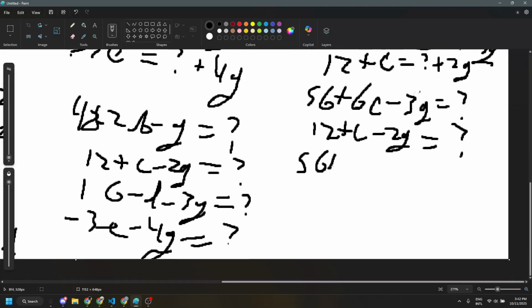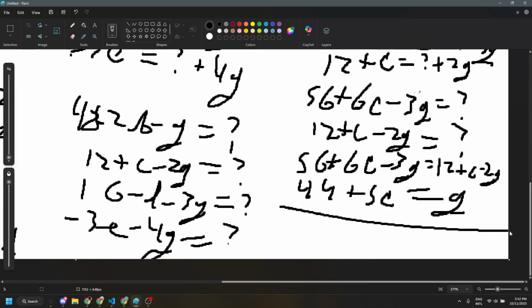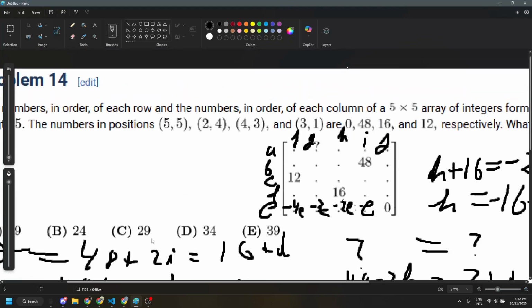So 56 plus 6c minus 3g is equal to 12 plus c minus 2g. Simplifying, we get 44 plus 5c, right? Yeah, is equal to g. Okay, so that's important.